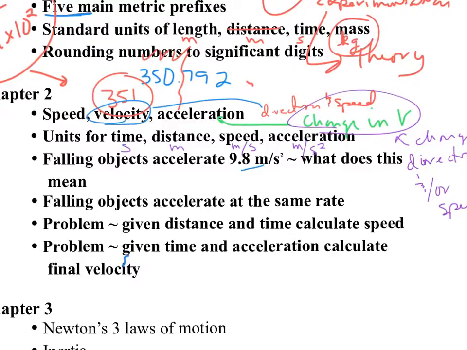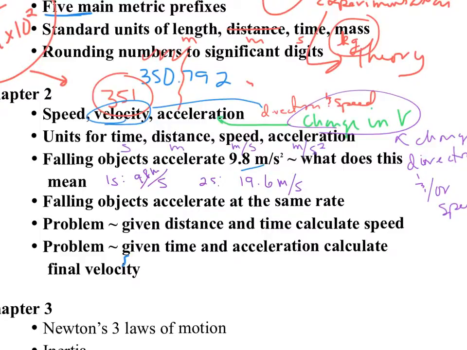And if you want to, maybe I'll just, let's see, how would I say this? In 1 second, it has a rate of 9.8 meters per second. And at the end of 2 seconds, it will have a rate of 19.6 meters per second.